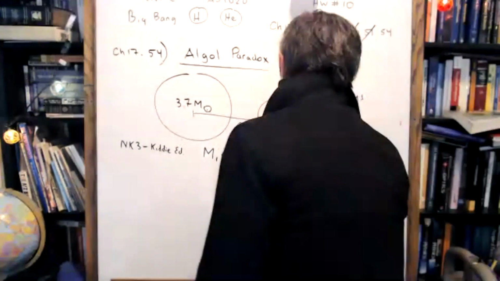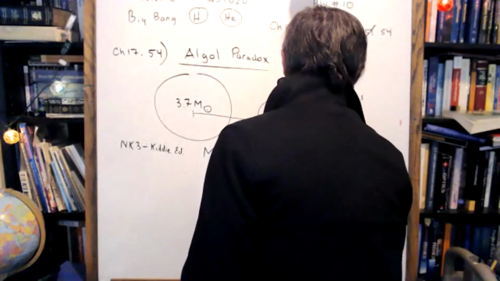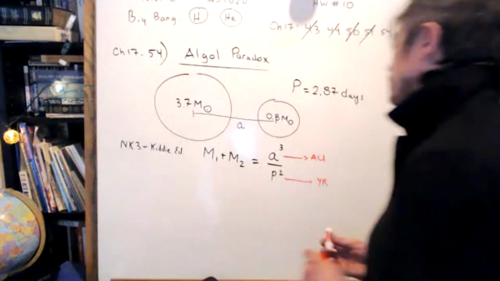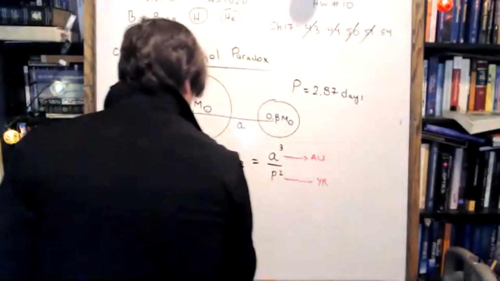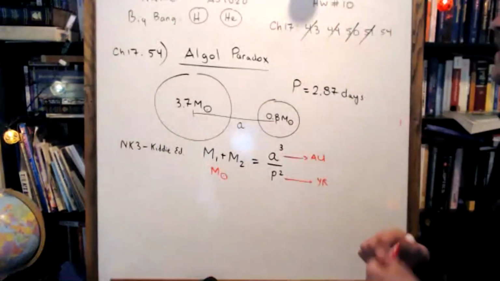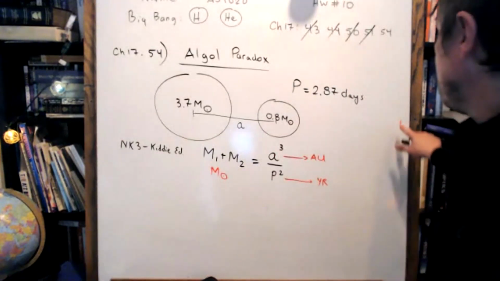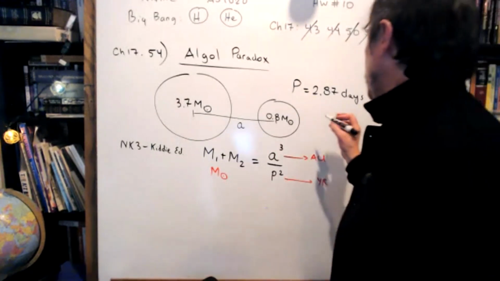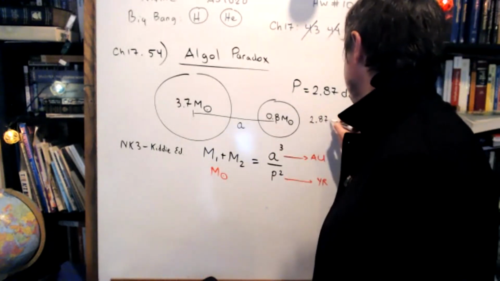A must be measured in astronomical units. P must be measured in years. This is going to work out nice because we already have our masses in solar mass units. What we should start off by doing is converting 2.87 days to years. Mateus, that sounds like a you job. Help me convert 2.87 days into years.